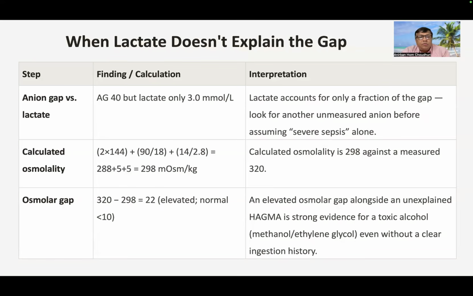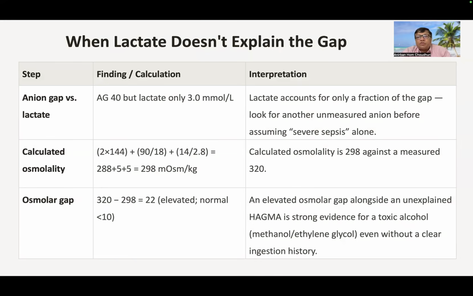So that comes to around 298 milliosmoles per kg as the calculated osmolality. And the measured osmolality is 320, which means it is much more than the calculated. So the osmolar gap is around 22, which is elevated, because the normal osmolar gap should be less than 10.